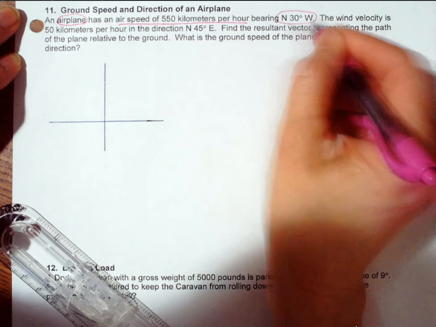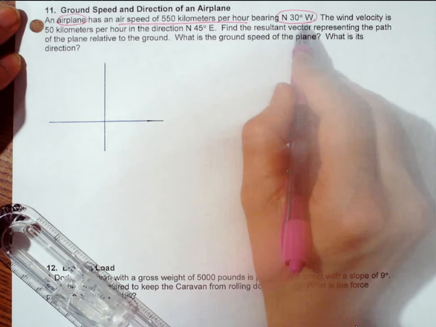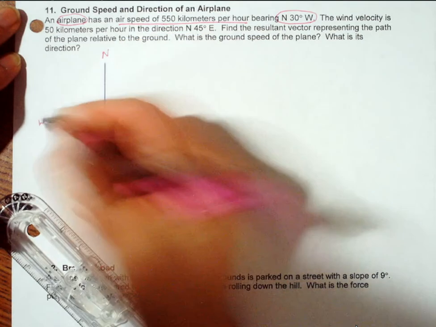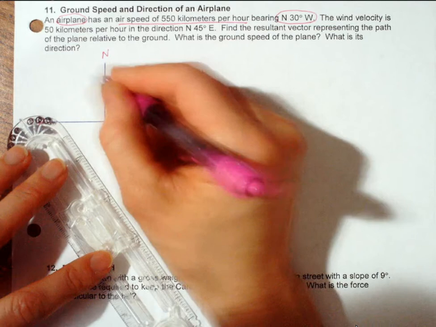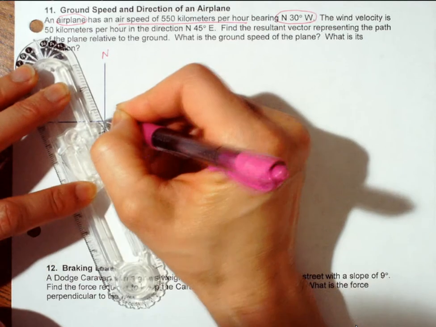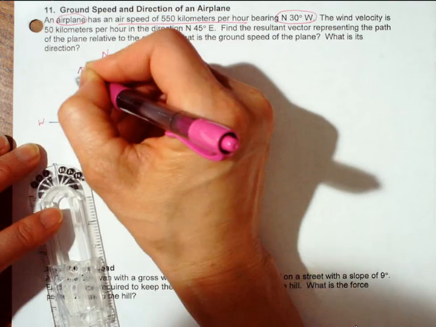So north 30 degrees west is the same thing as from the north going towards the west, right? So that's going to be 550, and so I'm going to be swinging over 30 degrees towards this way. Okay, so I'll call this my v vector.